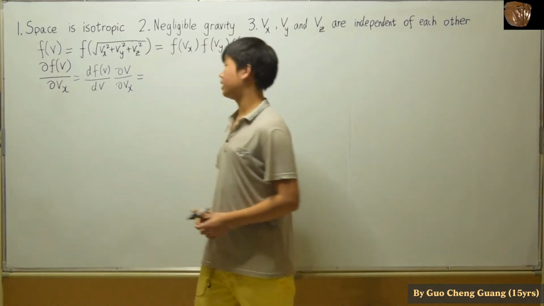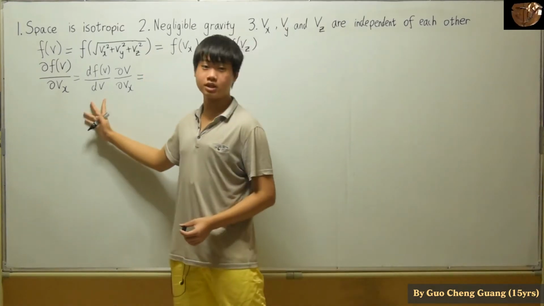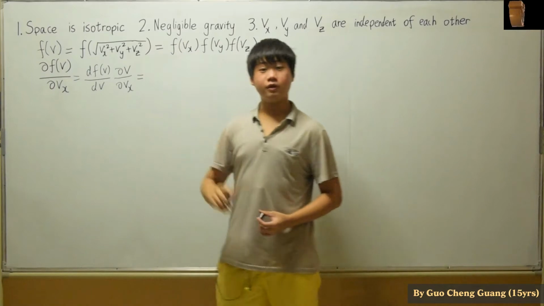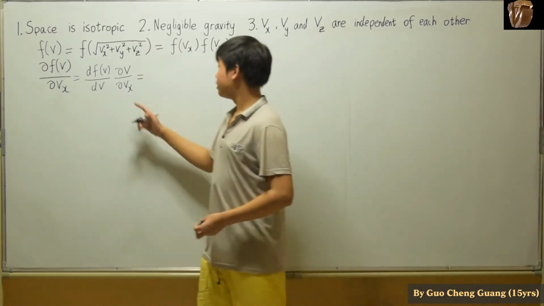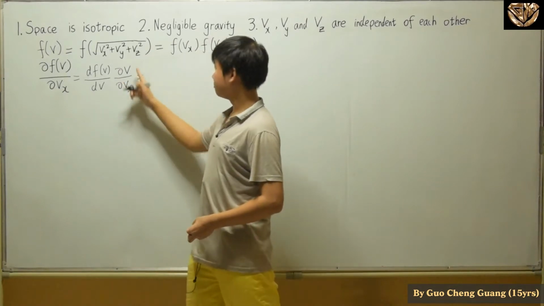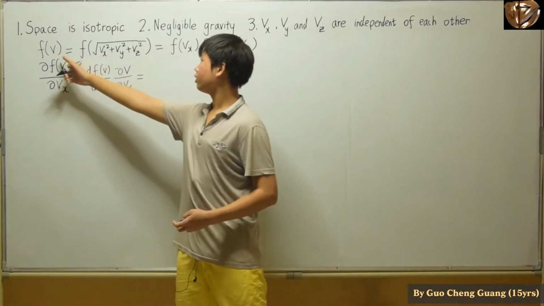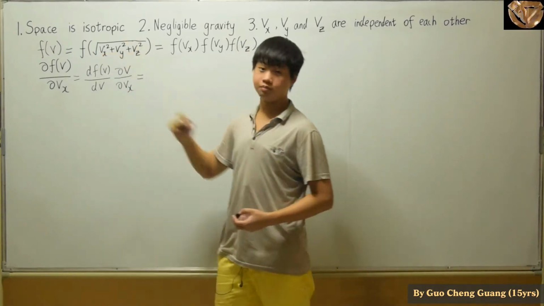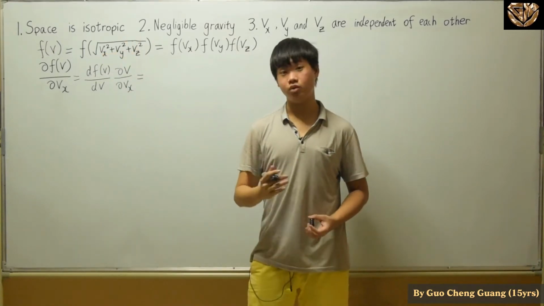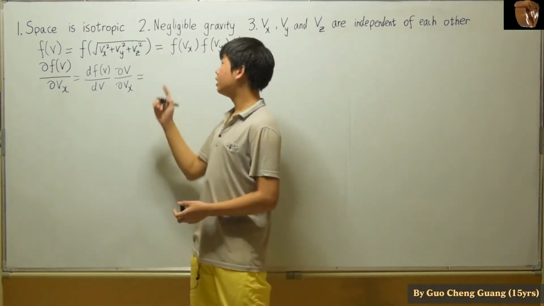So the next part that we're going to have, the first part, do you think you can solve it? We're not given the function, so we can't exactly solve that at this point. Then you take a look at here. So v, when you express it in its components form, you are going to have this function. So you just have to use chain rule to differentiate it. Now what happens when we use chain rule?